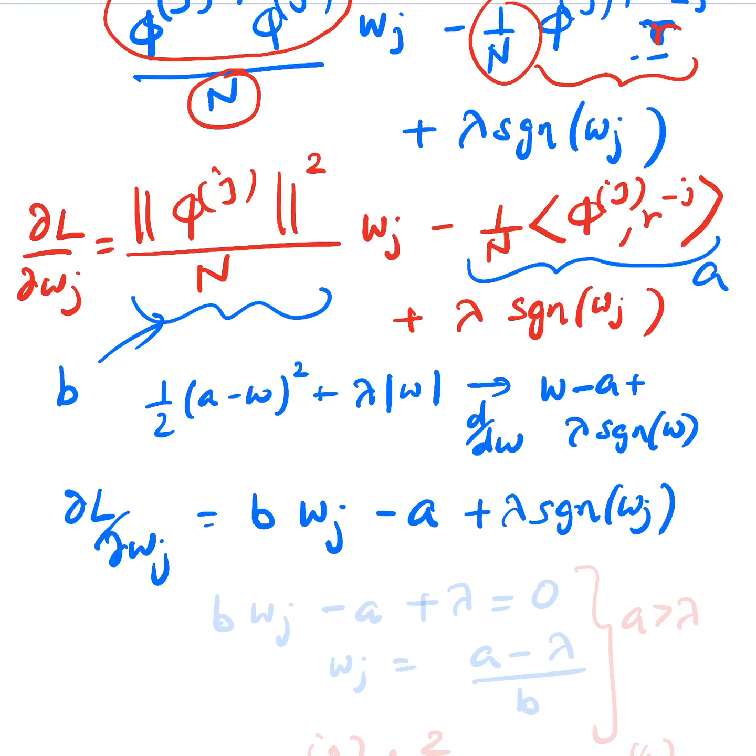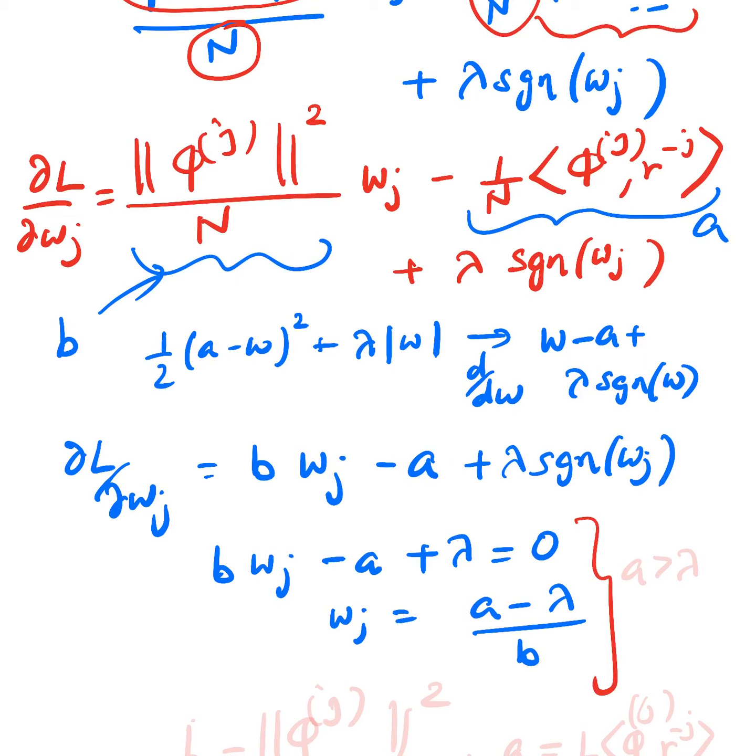That's what we have. And you can see immediately that if w is positive, then b wj minus a plus lambda is equal to 0. So wj is going to be equal to a minus lambda over b. This is for wj positive, which is basically for a bigger than lambda.